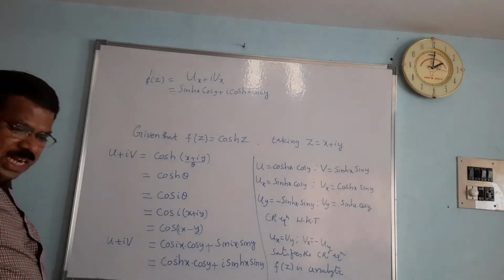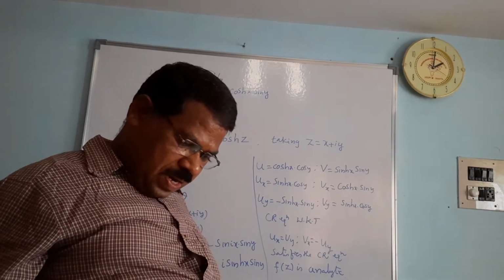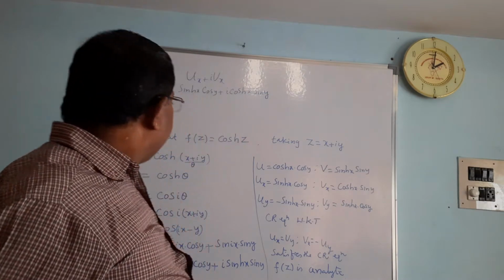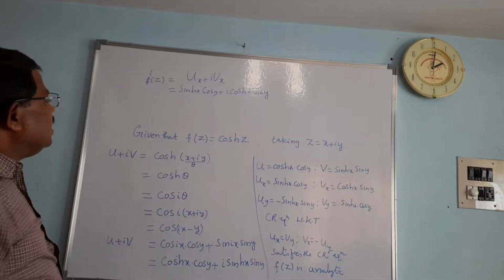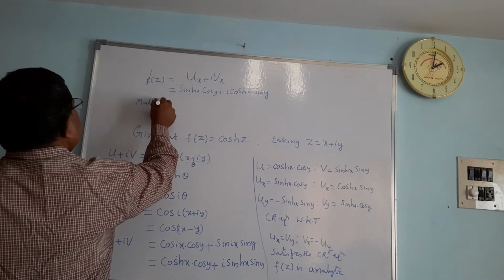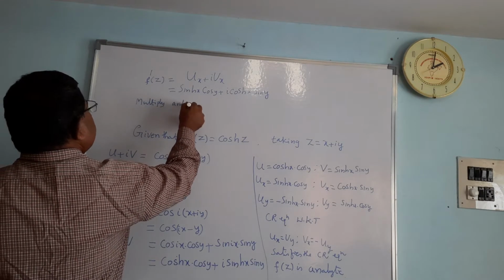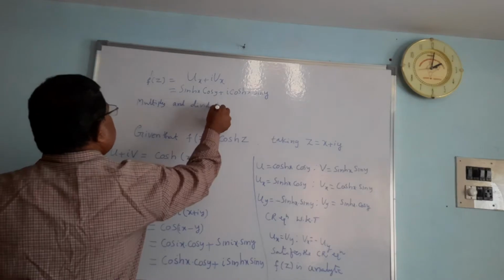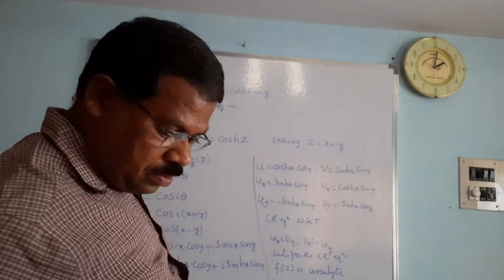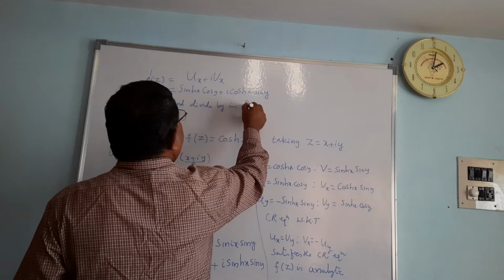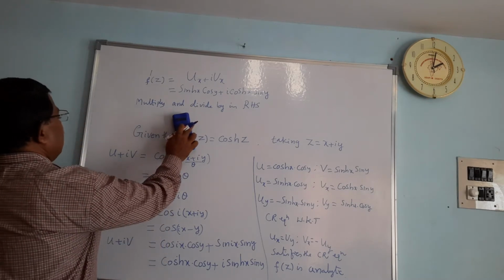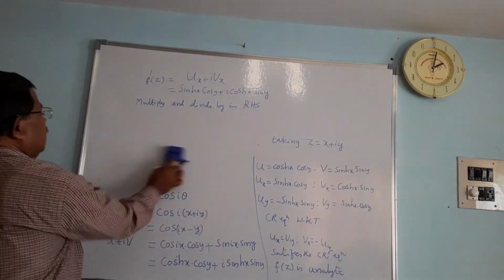Here we see that we multiply and divide by i on the right-hand side.